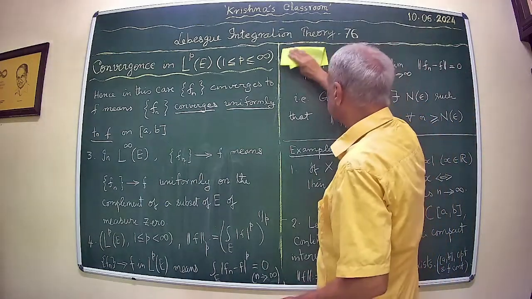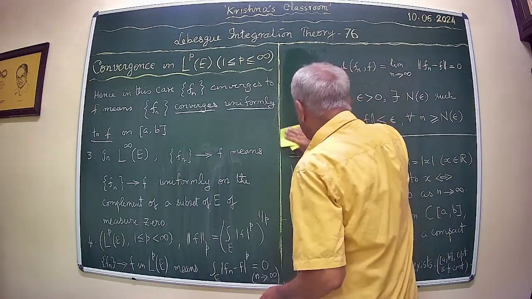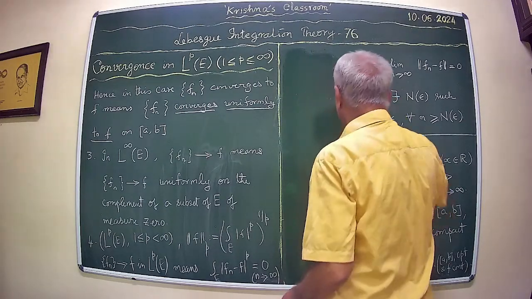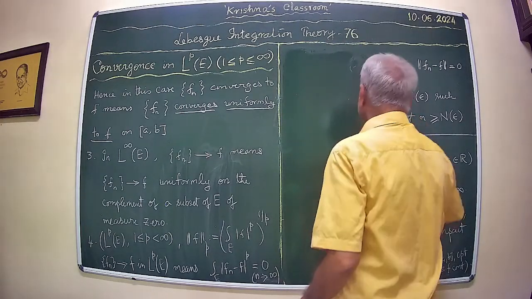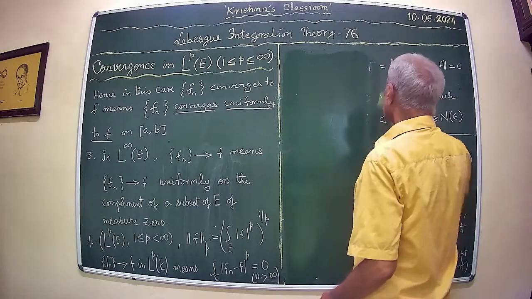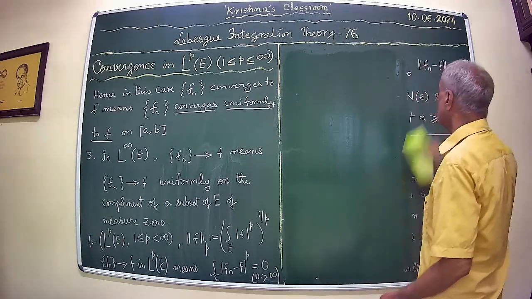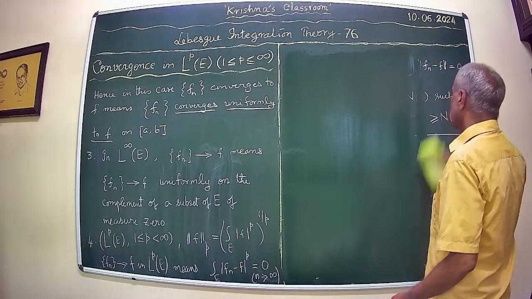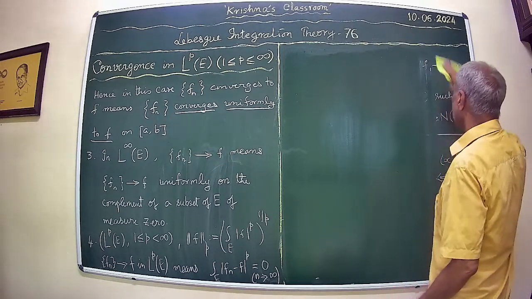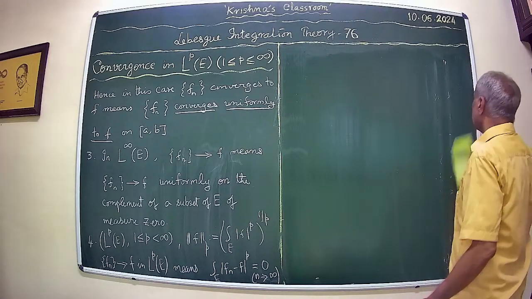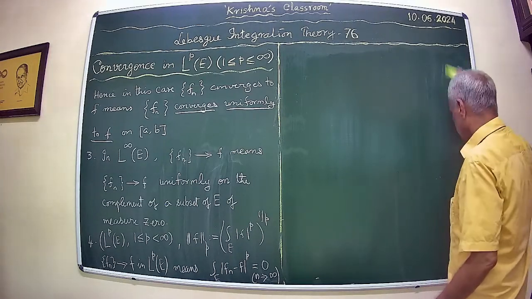Now our problem is the following. If you are talking about convergent sequences, then everything is fine. But there are spaces where a convergible sequence may not converge in the space.